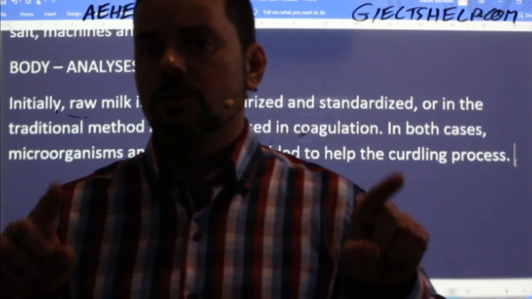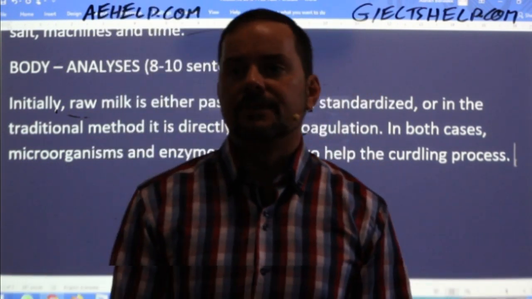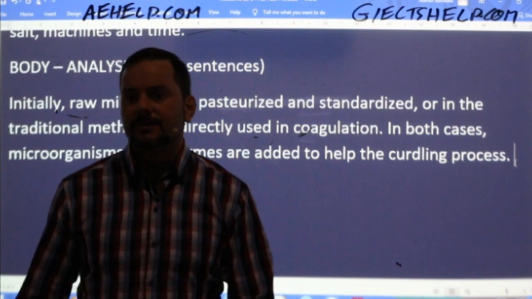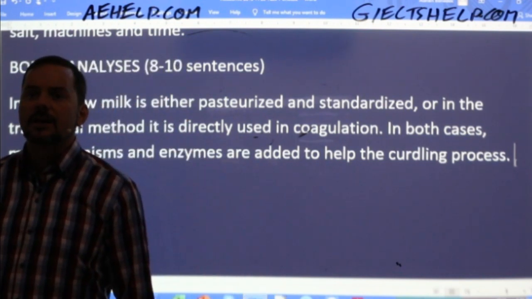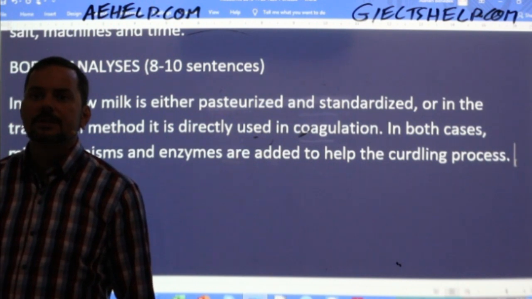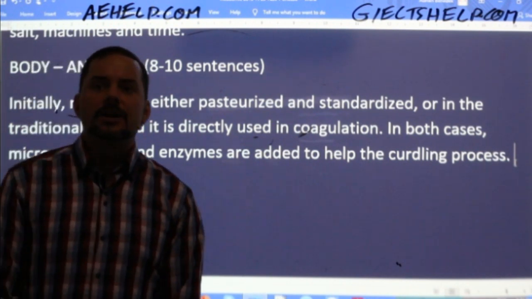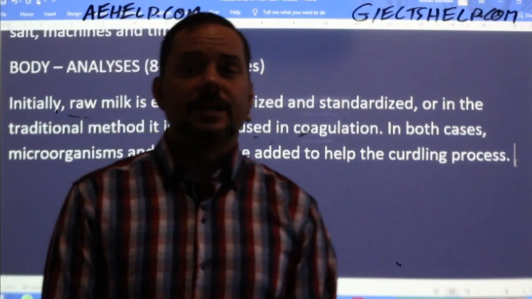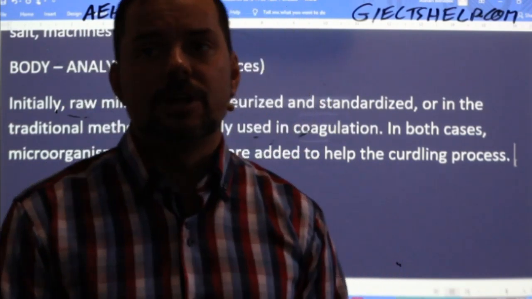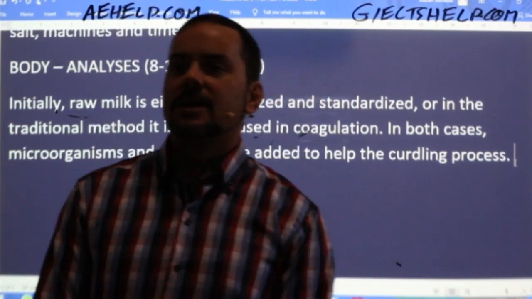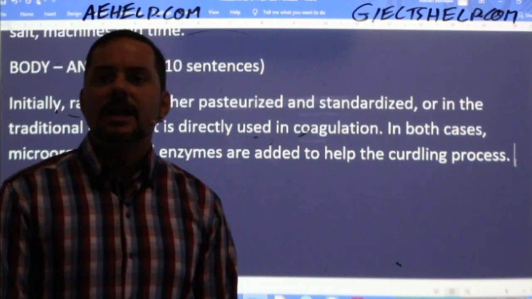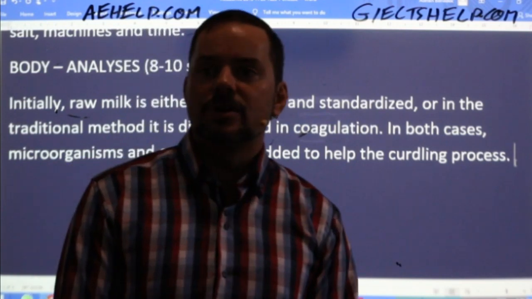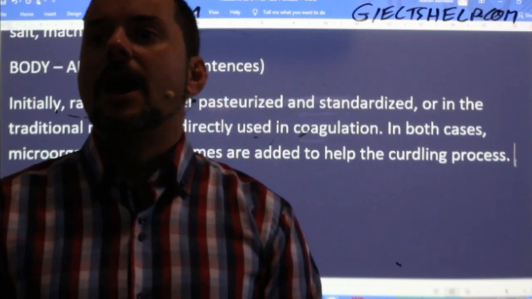So watch those additive definitions, those commas, all right? It's very important. Ajit says, in both methods, enzymes are an important factor for curdling. Indeed, Ajit. I don't think cheese will curdle on its own without those enzymes. Okay, good.